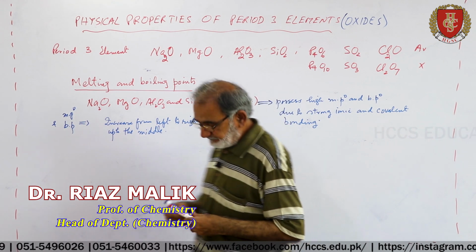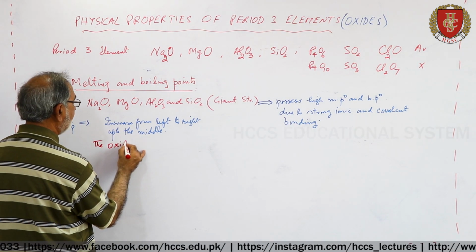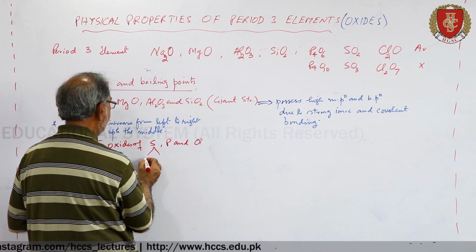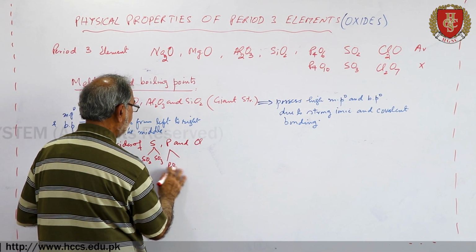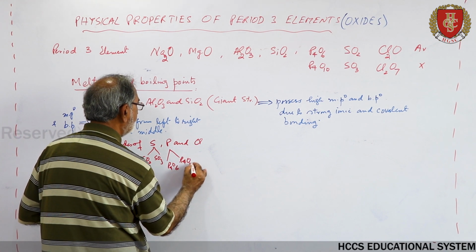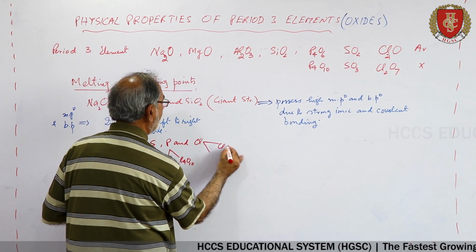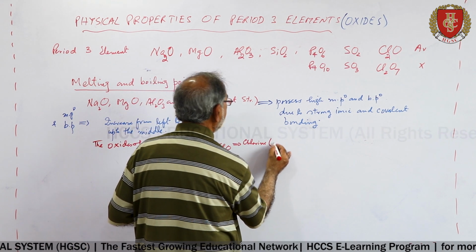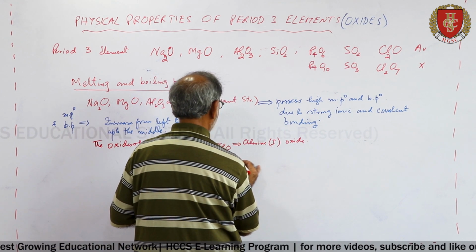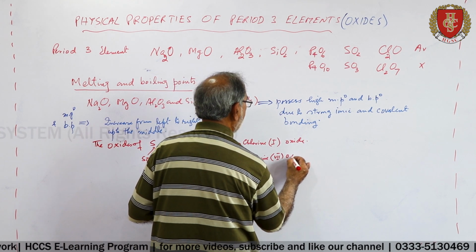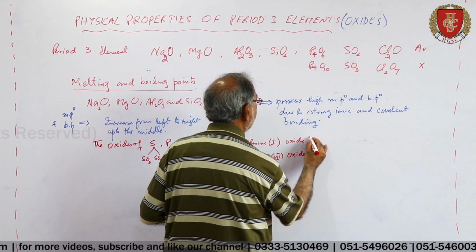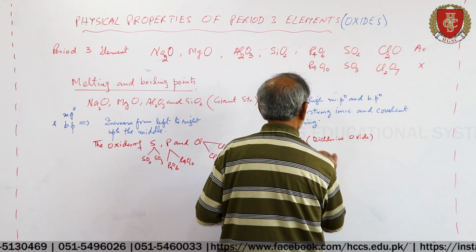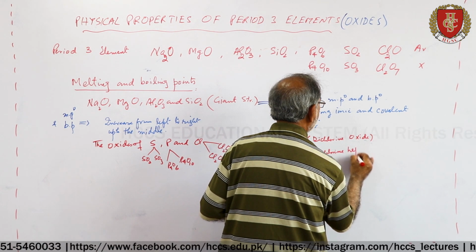The oxides of sulfur, phosphorus and chlorine: SO2, SO3, P4O6, P4O10, and Cl2O, Cl2O7. So this is chlorine 1 oxide, or dichlorine oxide, and this is chlorine 7 oxide, dichlorine heptaoxide.